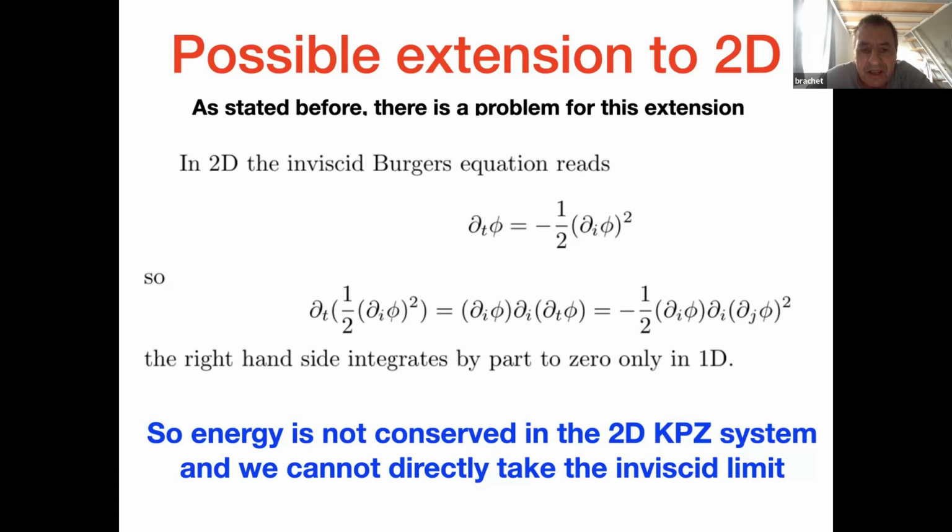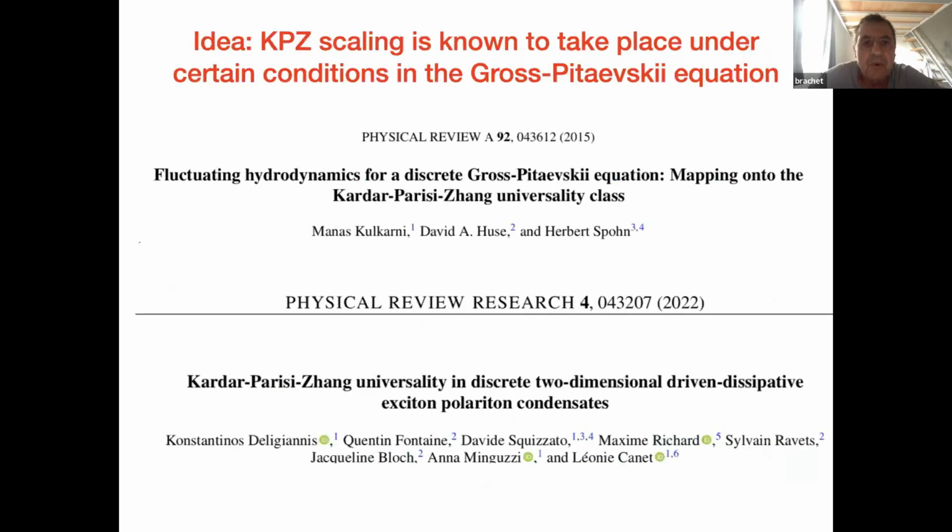It's this I lose. And by the way, if you look at the results for KPZ in 2D, they have two non-trivial critical exponents, except for a simple one. So that's the problem. So what can we do?